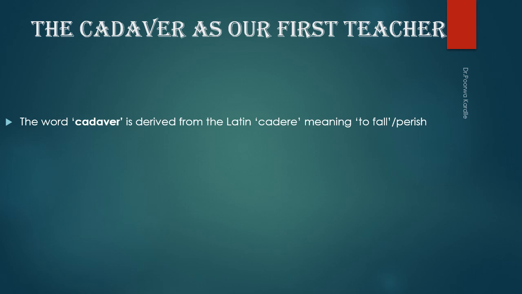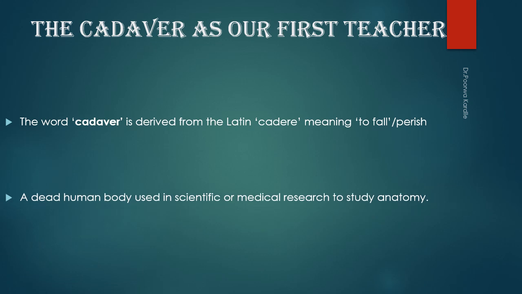These dead human bodies are known as cadavers. The word cadaver is derived from Latin word cadere, which means to fall or to perish. So when we use a dead human body for scientific purpose or medical research to study anatomical structures, it is known as cadaver.